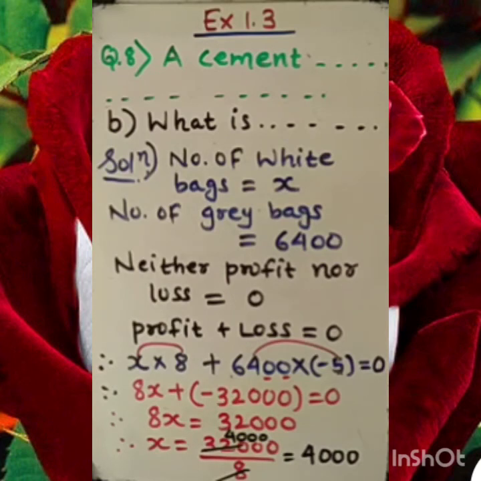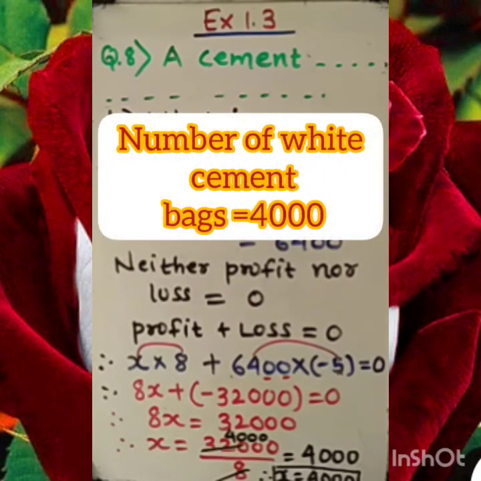So x equals 4,000. Therefore, the number of white cement bags is 4,000.